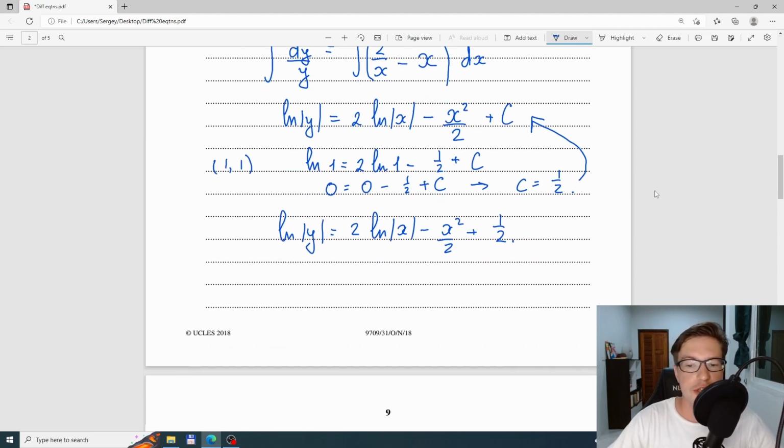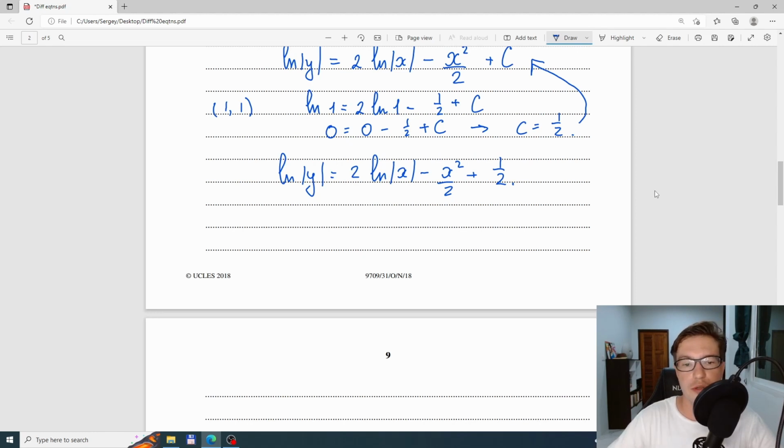And then same as in the first example, we'll have to get rid of natural log next to y. So it means y equals e to the power of the right side, which is e to the power of 2 log x minus x squared over 2 plus a half.